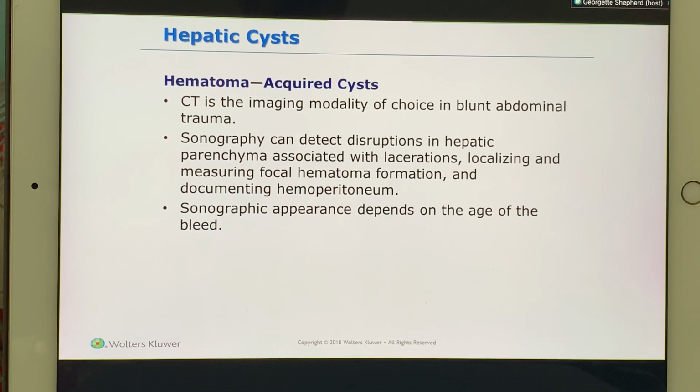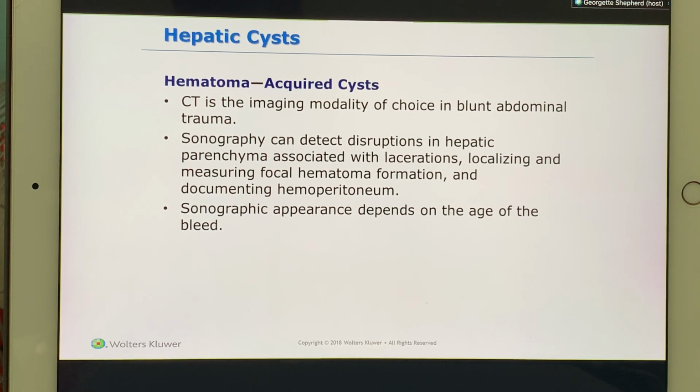Sonography is very operator dependent. We can see the degree of blood in the peritoneum. We can find the laceration. We can localize where it's bleeding from. But our sonographic appearance has so much to do with the age of the blood that sometimes we can misdiagnose.